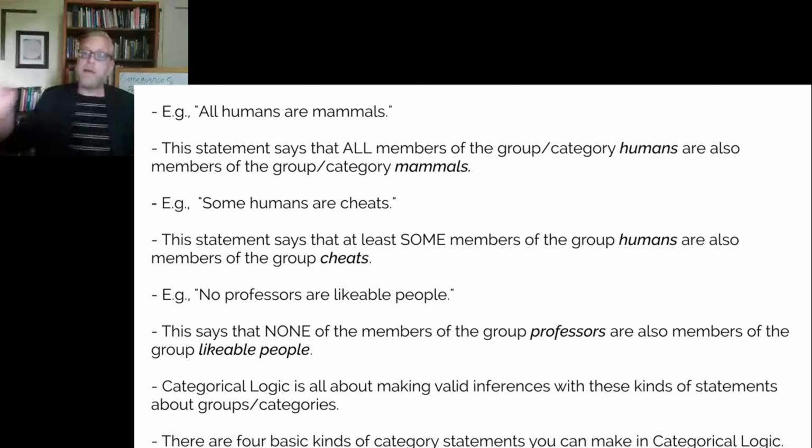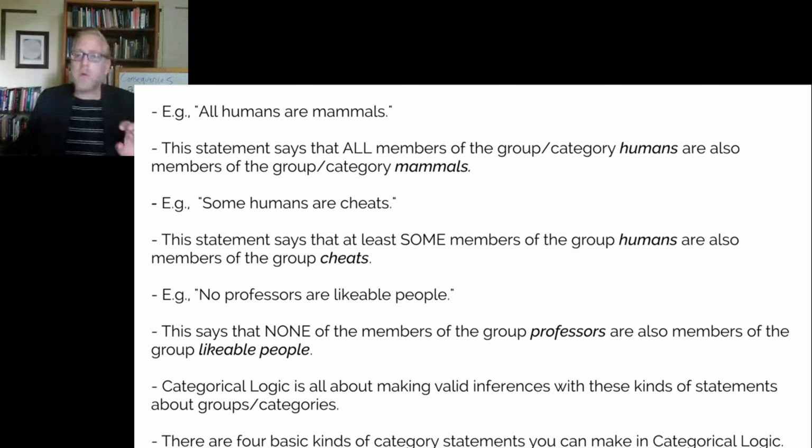Just like we had 4 operators in propositional logic, here we have 4 different types of statements that we can make in categorical logic. And that's going to be all of them. Categorical logic arguments are always going to look the same. They're always going to have exactly 2 premises. Remember, in propositional logic, you could have a million premises or just one.